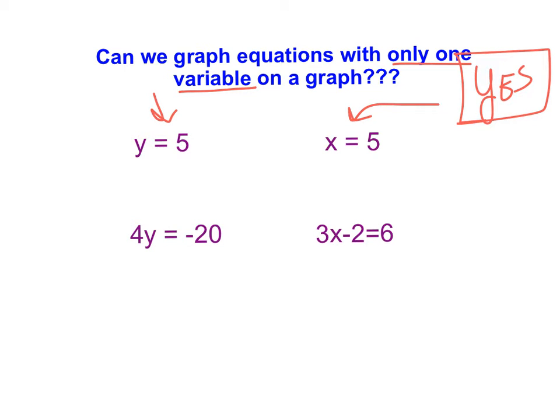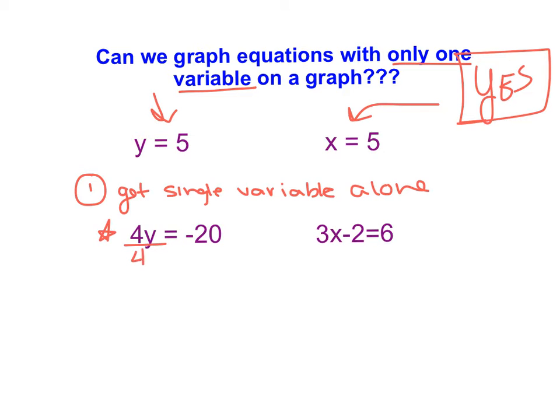Our first step when we do this, in order to graph these, is you need to get the single variable alone. So when we had both x and y, we always solved for y by itself. If we only have one variable, you're going to start by getting that single variable alone. So here, if we look at 4y equals negative 20, hopefully you're realizing to get the variable by itself, we divide both sides by 4, and we find y equals negative 5.